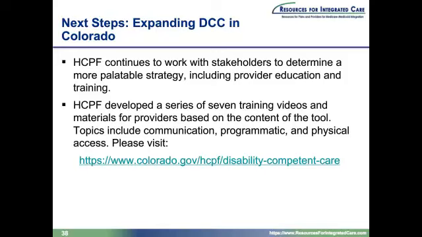So for that reason, in the past few years, we continued to work with stakeholders to determine more palatable strategies for providers, which in our case really took a tack towards provider education and training.